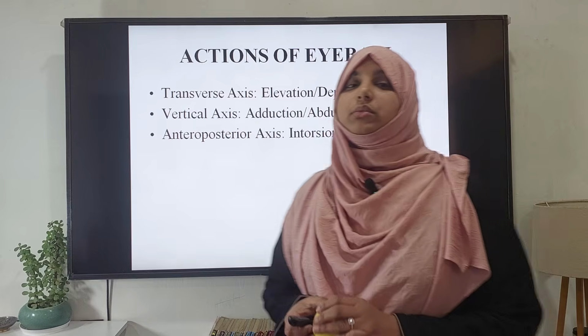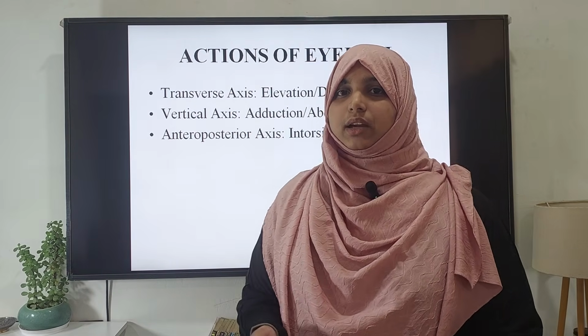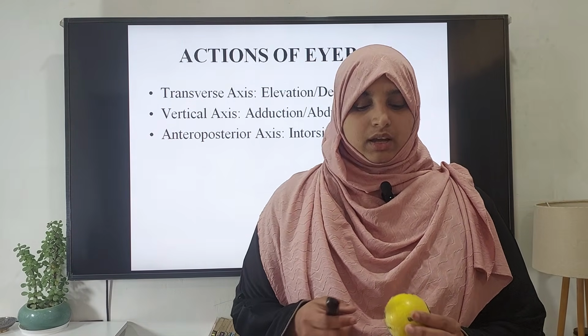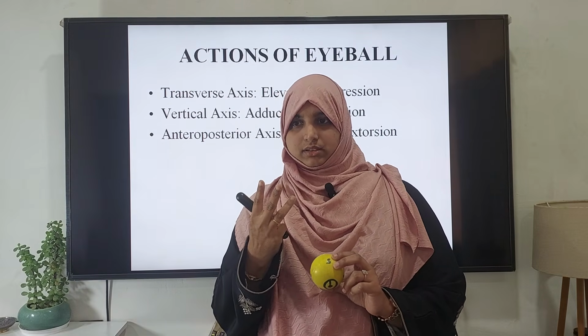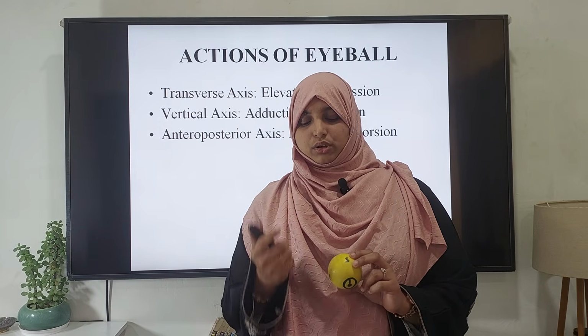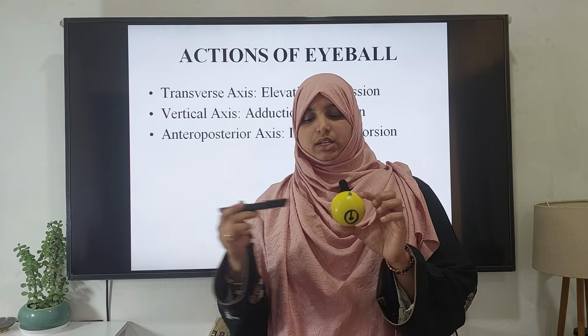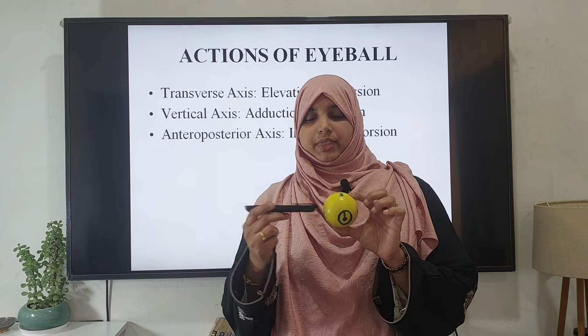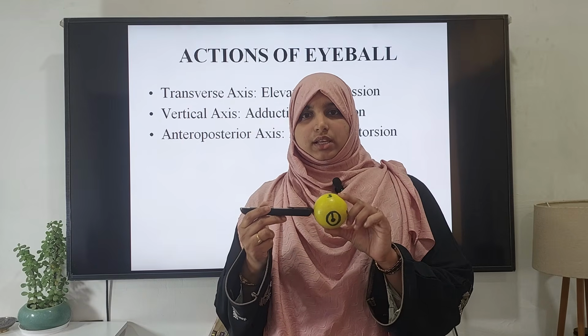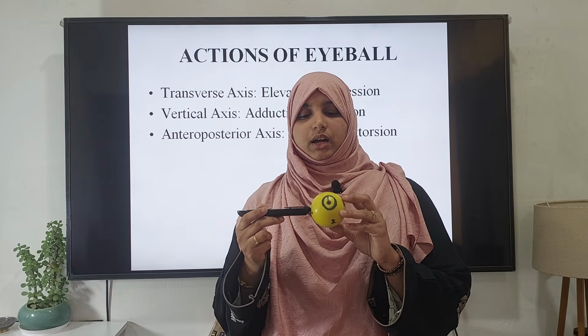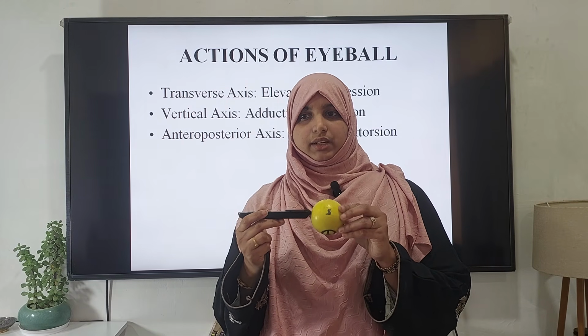Now moving on to the most important point, that is the action of these muscles. It's going to occur in 3 axes. One is the transverse axis. Imagine if I put this into this eyeball, that is the transverse axis. If there is a movement along this axis, what will be the movement? The eyeball is going to rotate like this, isn't it?